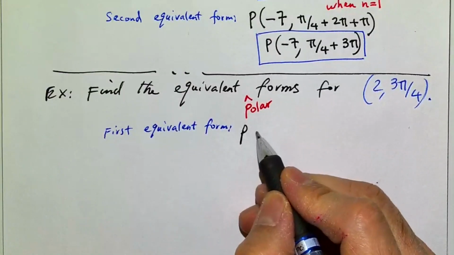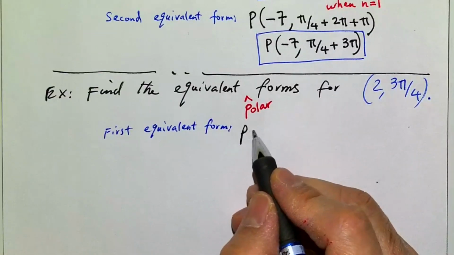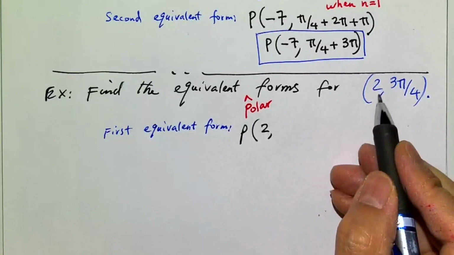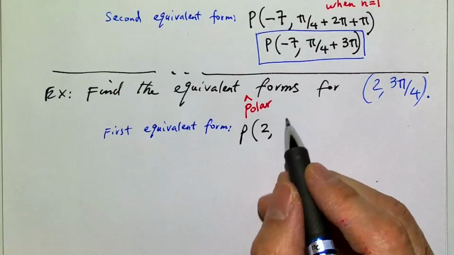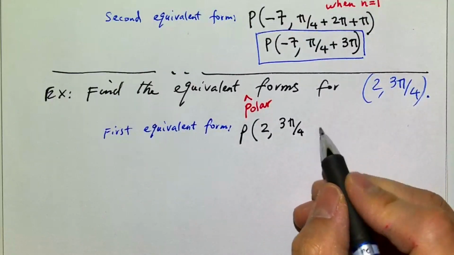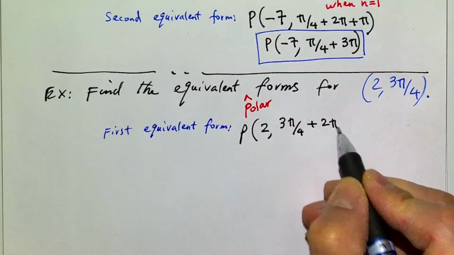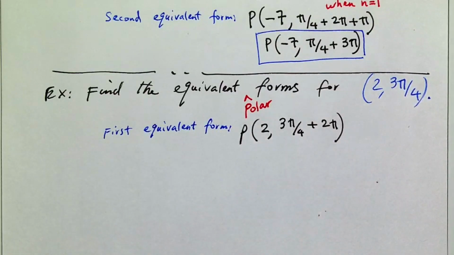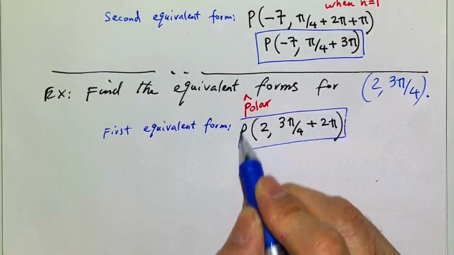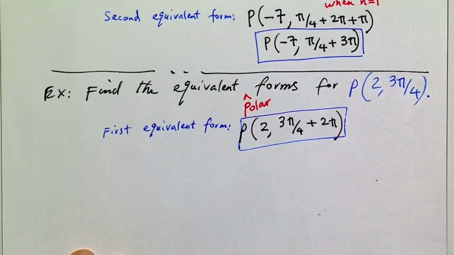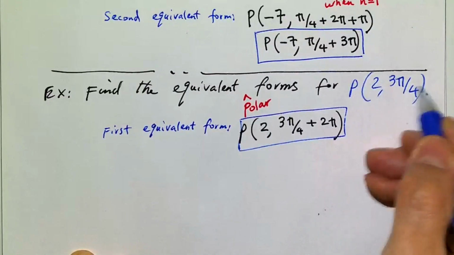We can have the same point, so we keep this positive 2, and then 3 pi over 4 plus 2 pi. So that's one form. This P is just for point.